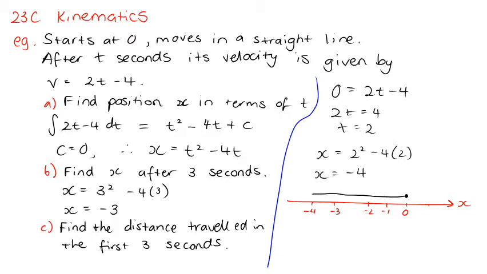So it's travelling this way, and then at t equals 3, a second later, it's at -3. So it's actually turned and come back around to there. So it starts at 0, goes all the way to -4, and then goes back to -3.